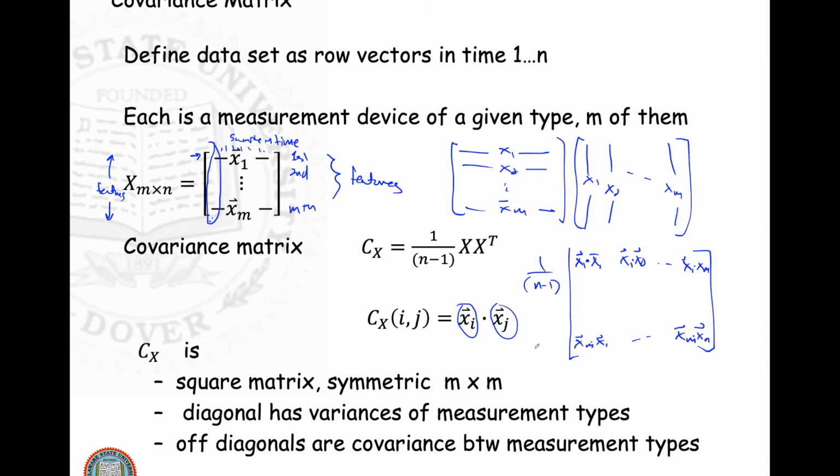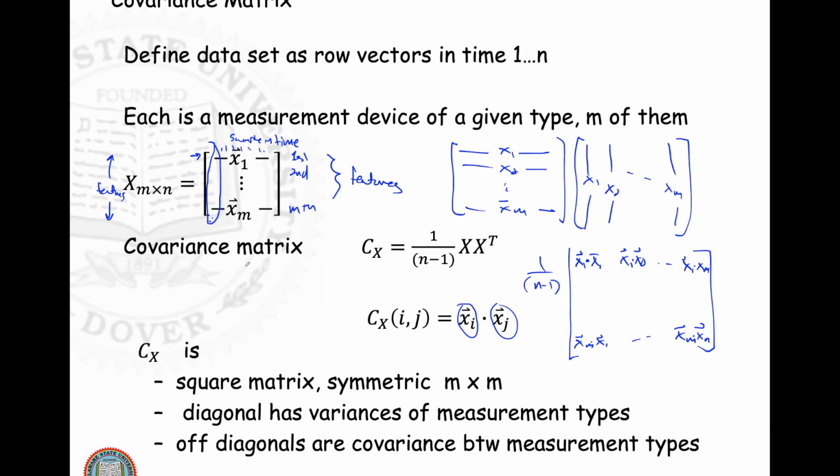So these entries are the product between all pairs of vectors, where these vectors, the rows of this special design matrix, are the measurement types. All of the values a single feature takes on throughout n many different measurements.